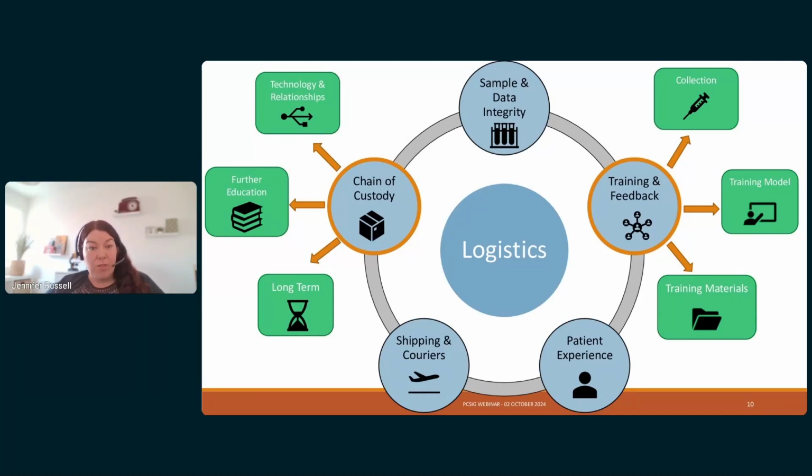For the training model, we would recommend train the trainer. So the manufacturer or the sponsor train the site, and they would then train the patients. It was also noted that this should be verified and documented so that we are confident that the patients understand the requirements and are able to collect these samples at home.